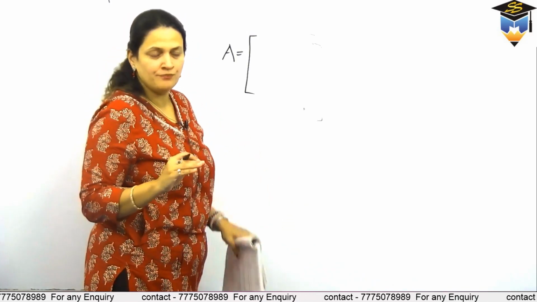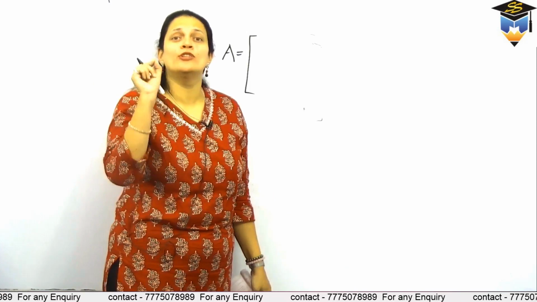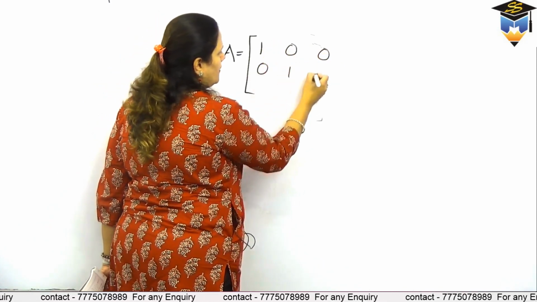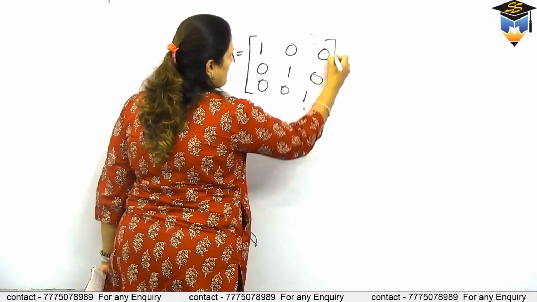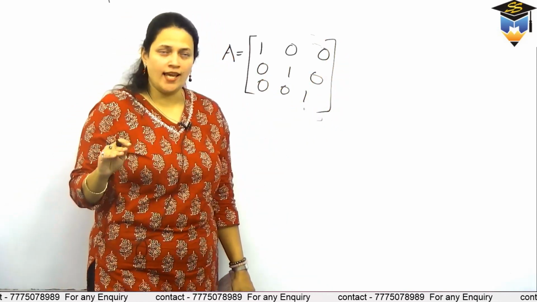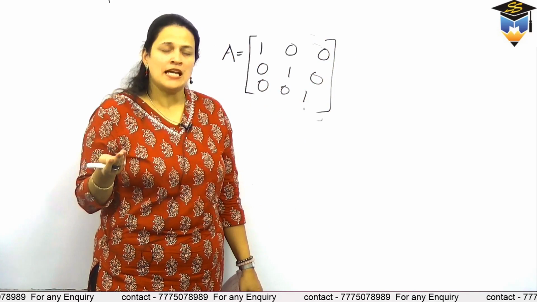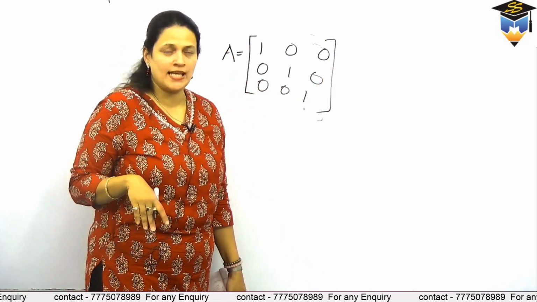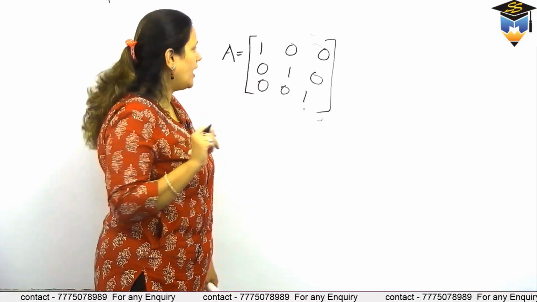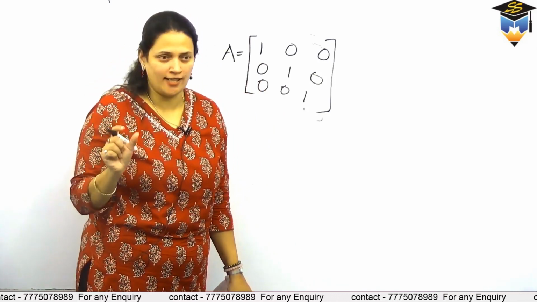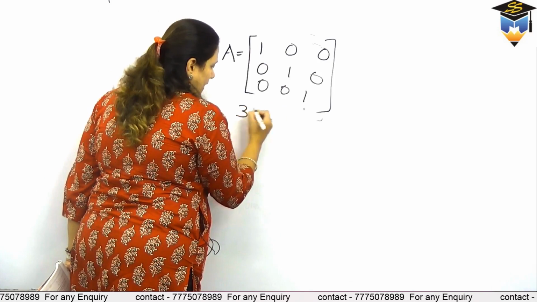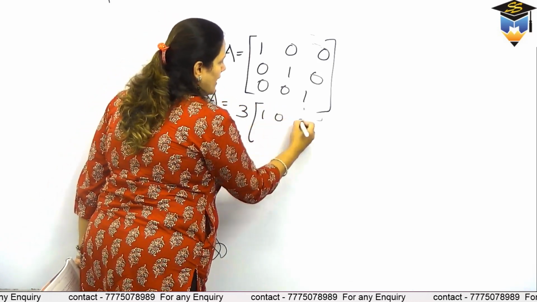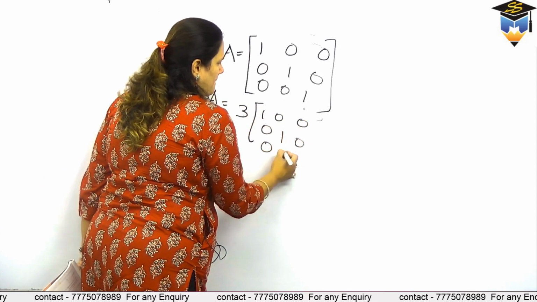So I am going to explain the meaning of scalar multiple. Suppose we have a unit or identity matrix which is given over here. Now when I say scalar multiple, if I say that you have to multiply this particular matrix by 3, then 3 is going to be our scalar in this case.